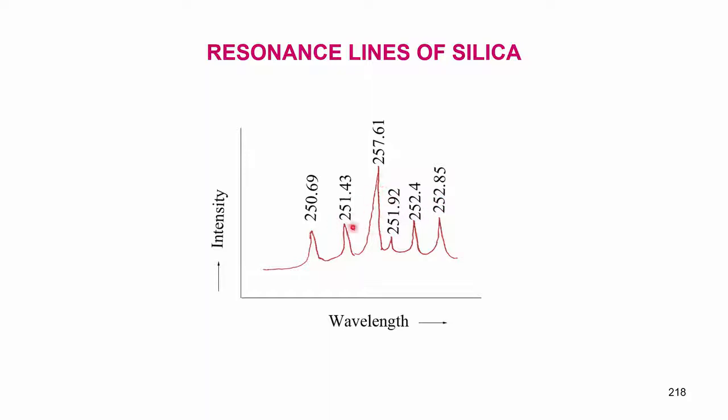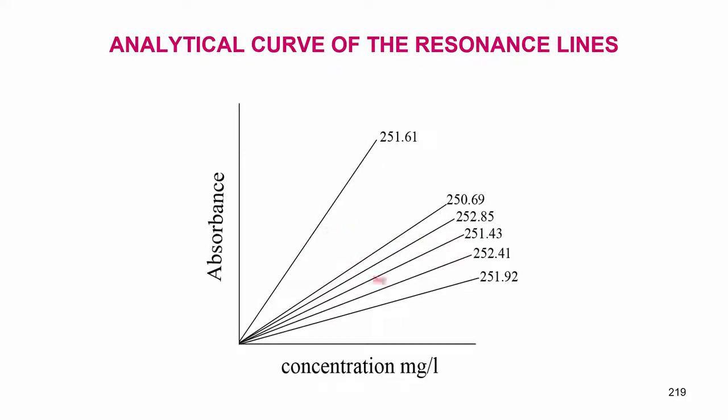I can choose any line. Okay. These are the resonance lines. Assume I am choosing 251.61 nanometer for the determination. I draw a calibration curve of absorbance versus concentration. Okay. So, because I had already told you that atomic absorption is a relative technique.